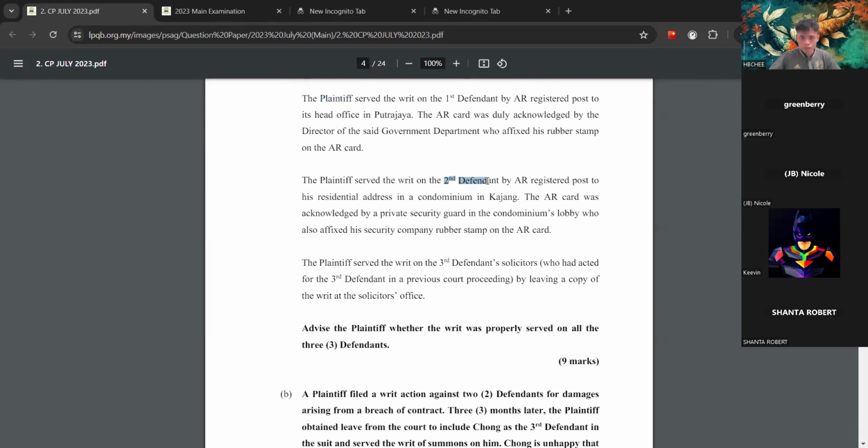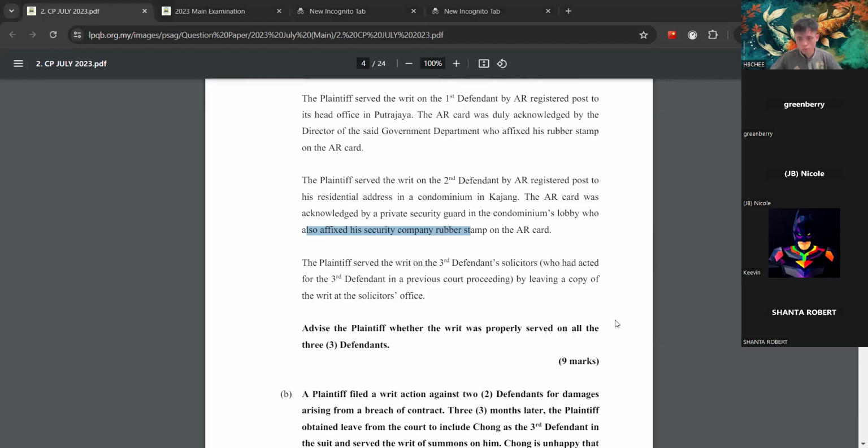On second defendant, AR registered post to residential address, and then the AR card was acknowledged by the private security, who also affixed the company rubber stamp. On the third defendant, solicitor who had acted for the defendant in the previous court proceeding, by leaving a copy of the writ at the solicitor's office. Now the question is, advise the plaintiff whether the writ was served properly on all three defendants.